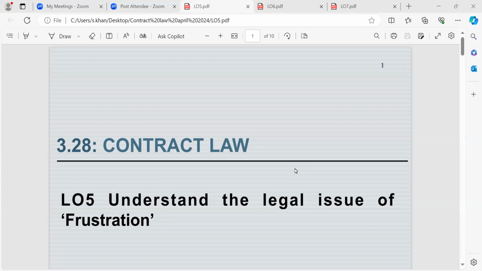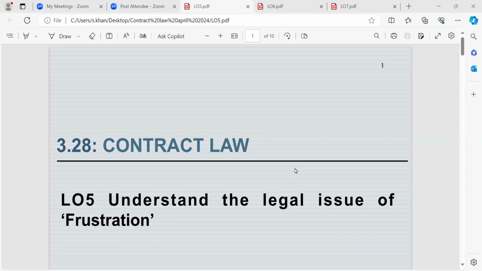We looked at unilateral mistake, where this form of mistake applies when one of the parties to the contract is mistaken as to a term of the contract. And we looked at the case of Hartog and Colin and Shields, 1939, and a further case in regards to unilateral mistake.